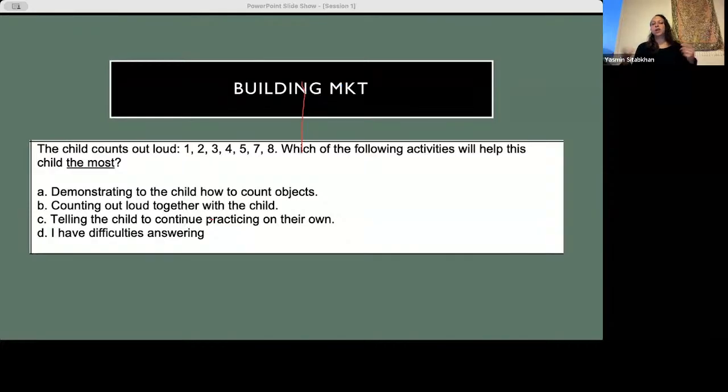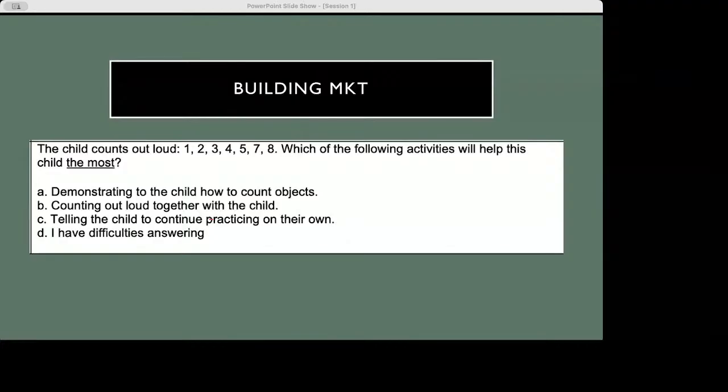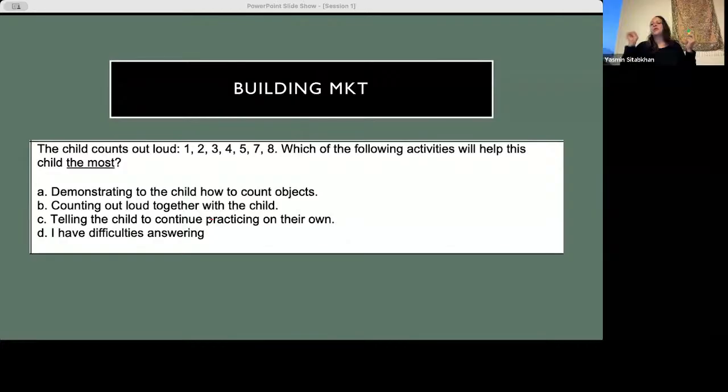So did they make a mistake in counting objects? Nope, they don't have the number sequence. So this is where, as a teacher, you would want to know what the child doesn't know. Maybe the child doesn't know how to count objects. We don't know, right? Here, the child is not counting objects.